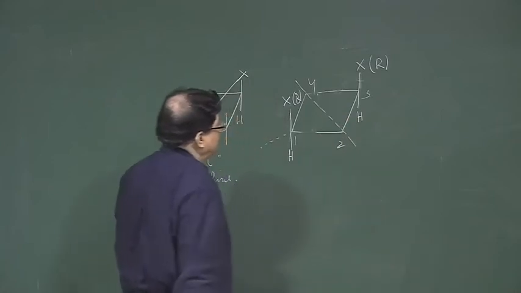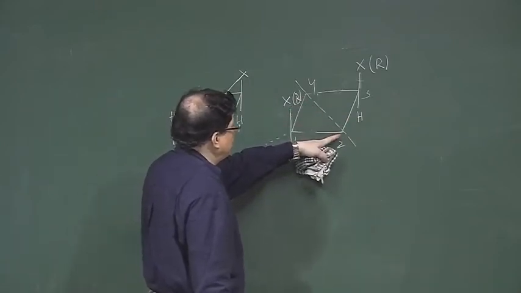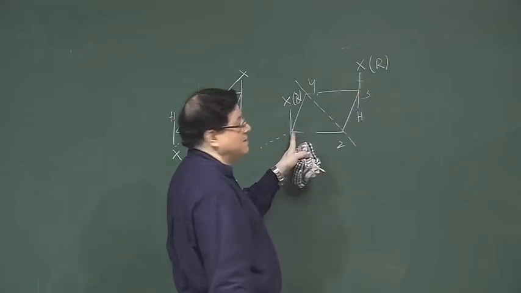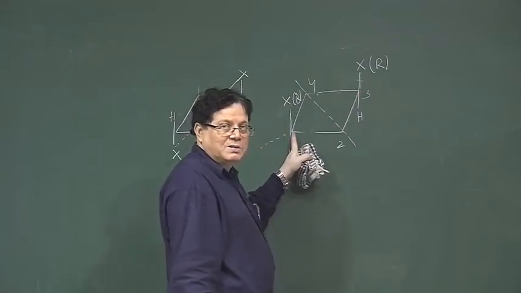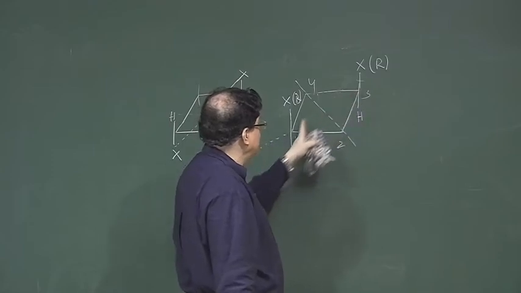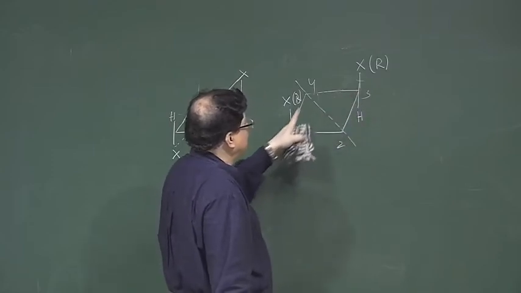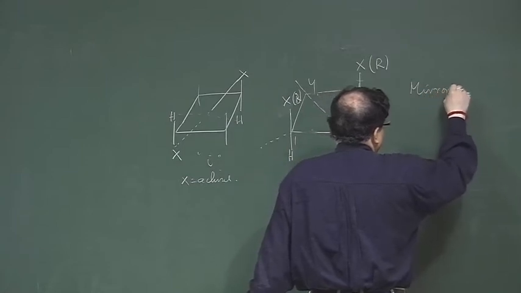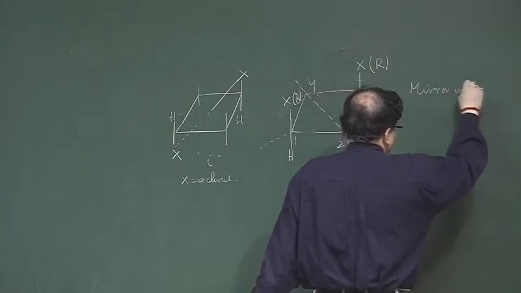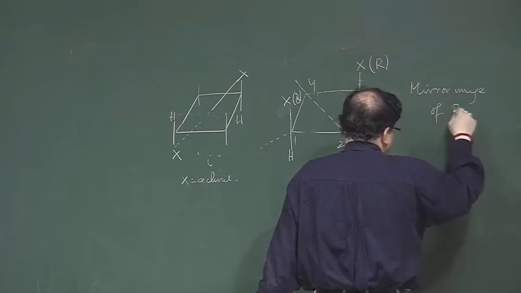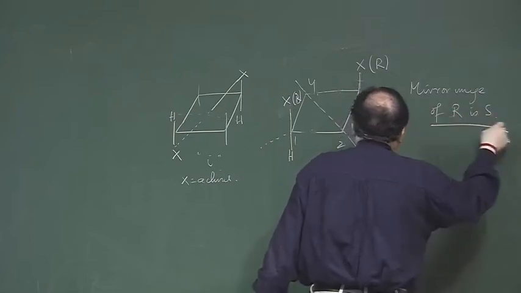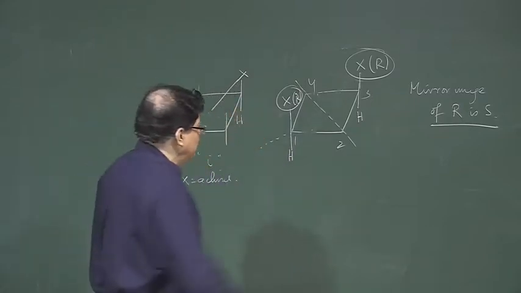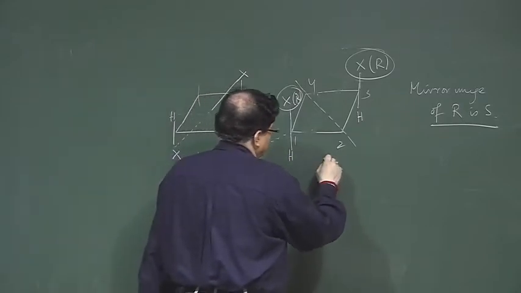So, you cut it and you see this is the mirror image of this part. As if this is the mirror image of this part, but that is wrong, because the mirror image of R is S. So, this cannot be the mirror image of this. Okay. So, this is not a plane of symmetry. So, no plane of symmetry.